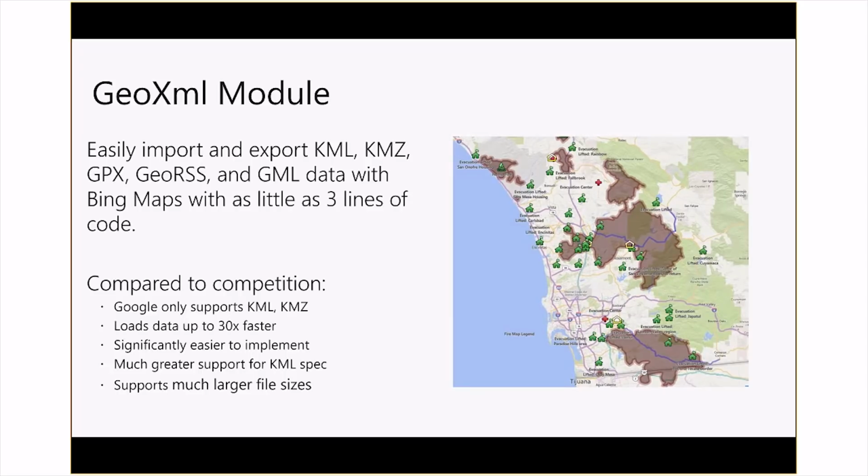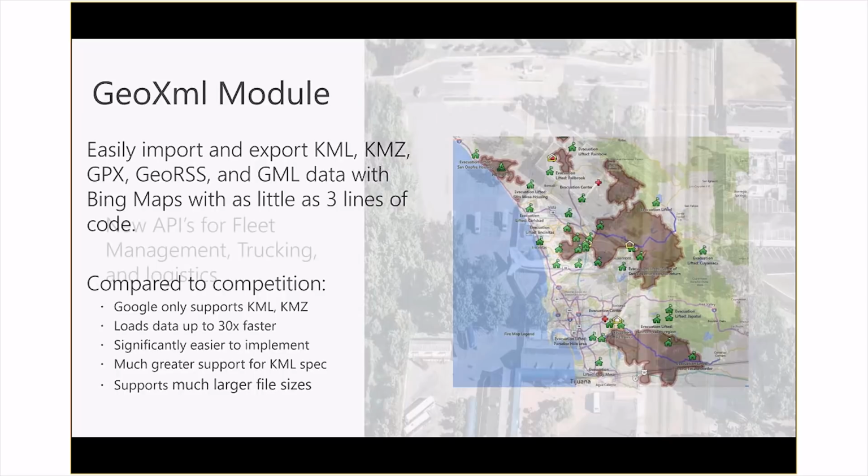You used to have to write a lot of code to import this and make them interactive objects on your map. But when we added this module into the map control last year, it just became 3 lines of code. It's very performant. You can load very large files, and it makes it really easy to get data from industry standard formats into the system.